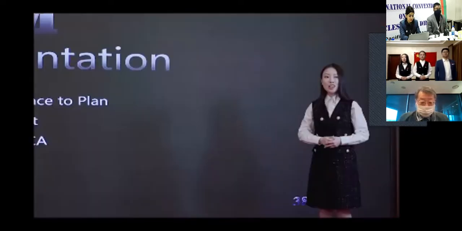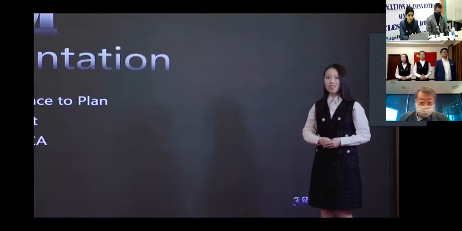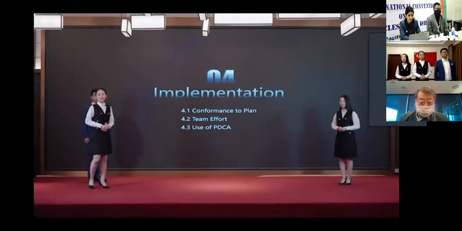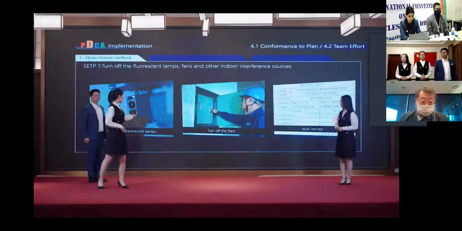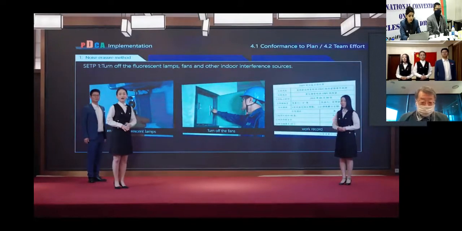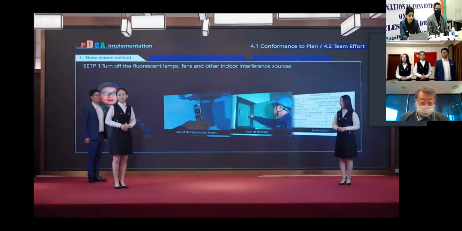Now, let's see how the circle to achieve their countermeasure goes. We implemented each item in strict accordance with the plan. Implementation 1. Turn off the fluorescent lamps, fans, and other interference sources when entering the high voltage chamber.